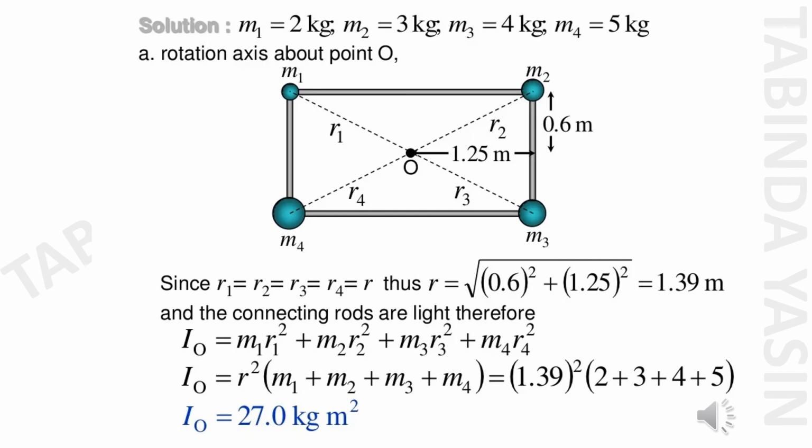As r1, r2, r3, r4 are common, we take r squared common. I naught is equal to r squared into (m1 plus m2 plus m3 plus m4), that is 1.39 squared into (2 plus 3 plus 4 plus 5). Solving that gives I naught equal to 27 kilogram meter squared.